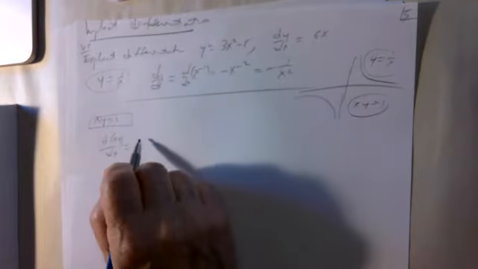And you could look at this equation and say, okay, let me differentiate this with respect to x. So the derivative of xy with respect to x by the product rule is the derivative of x with respect to x times y plus x times dy dx. This is the product rule.